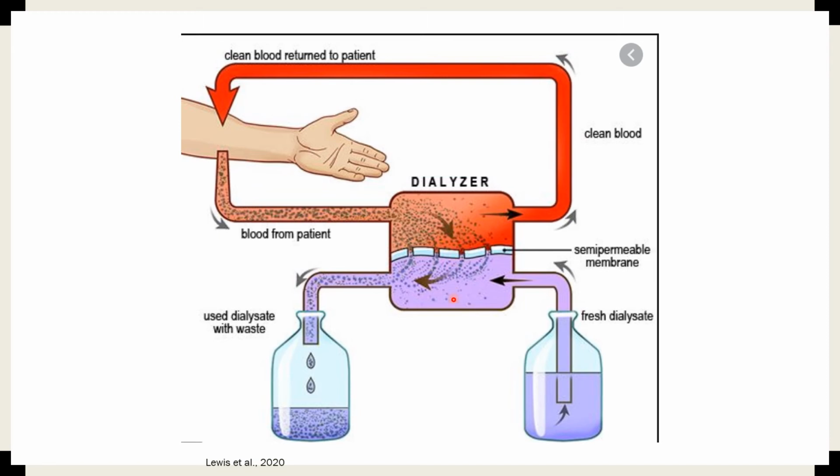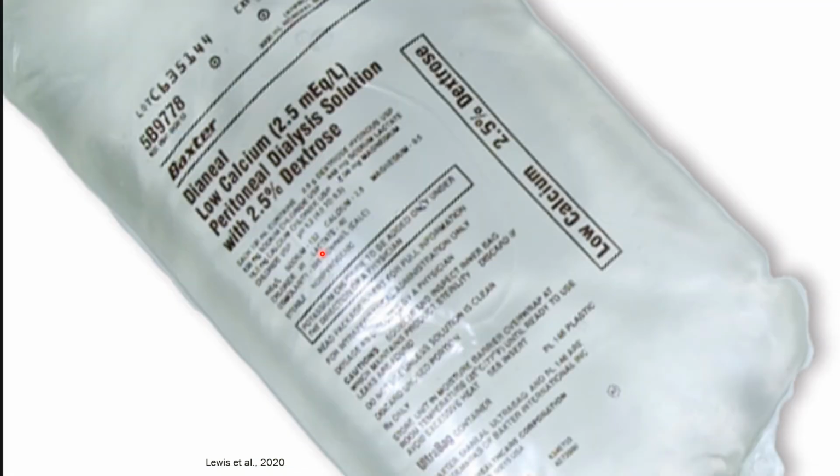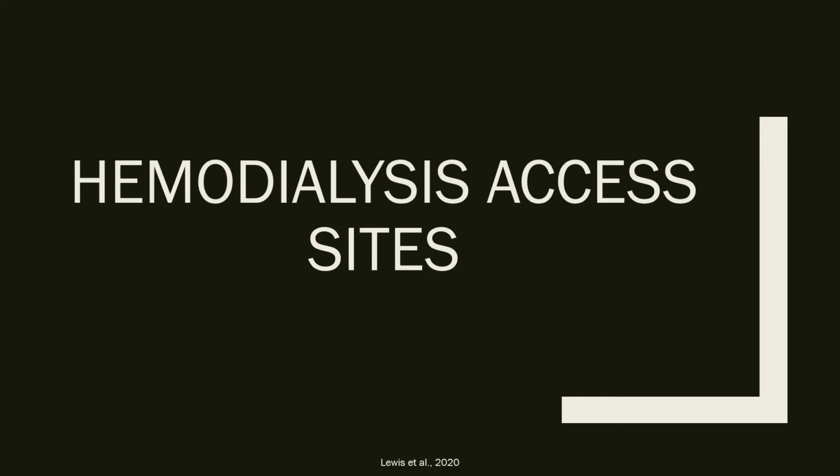So it goes in here through diffusion and then the blood now is clean and then it goes back to the patient. So that's how it works. Okay. This is the dialysate bag and you might see this that we use this in CRRT.